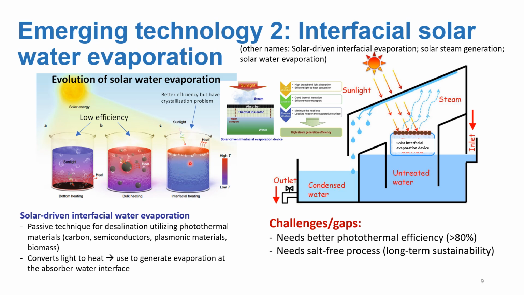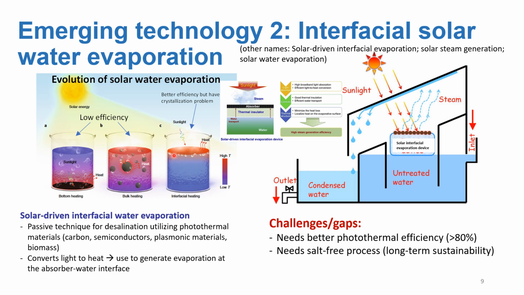The latest one and the most effective one is what we call interfacial solar water evaporation. Instead of putting the solar absorber at the bottom of the water, why not put the solar absorber on top of the water as a floating solar absorber? So now the solar absorber is floating on the top of the water, and the sunlight illuminates the solar absorber, and light is absorbed and converted into heat.